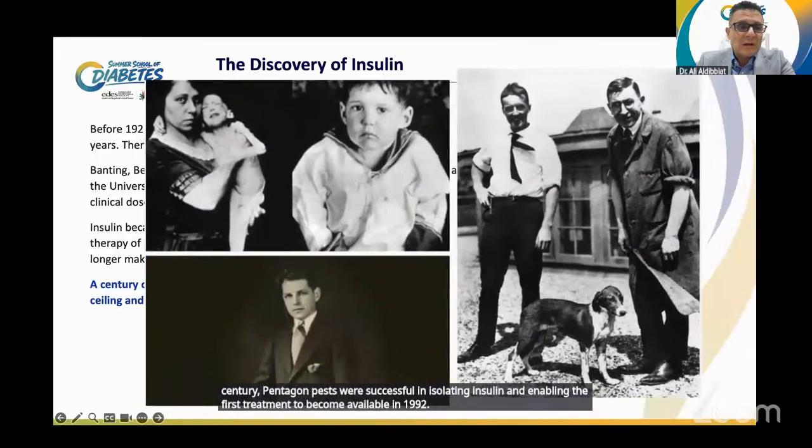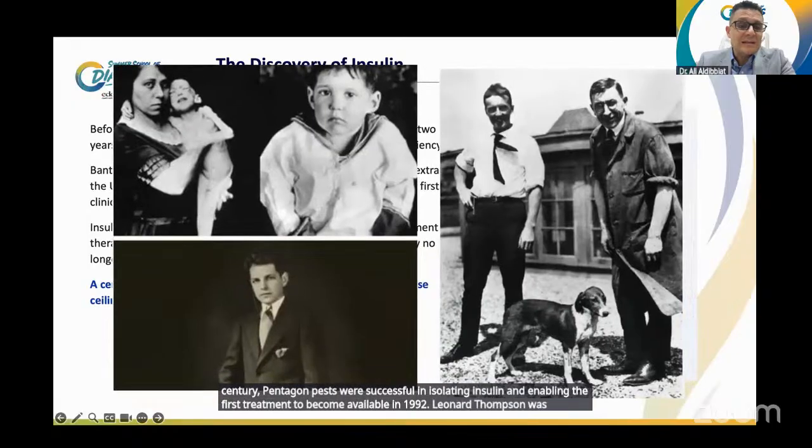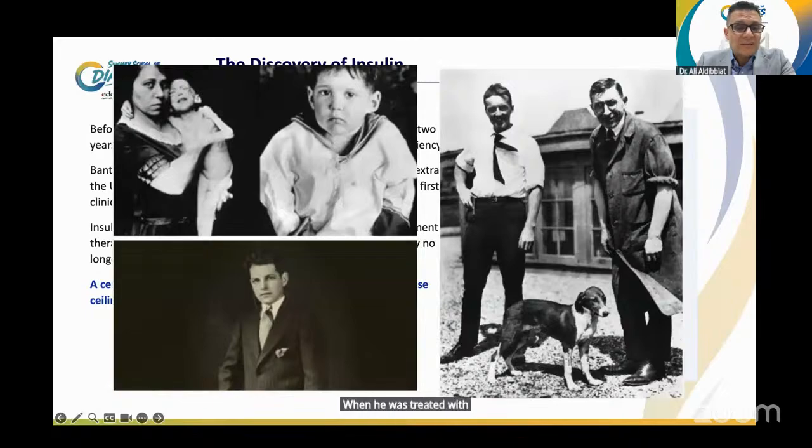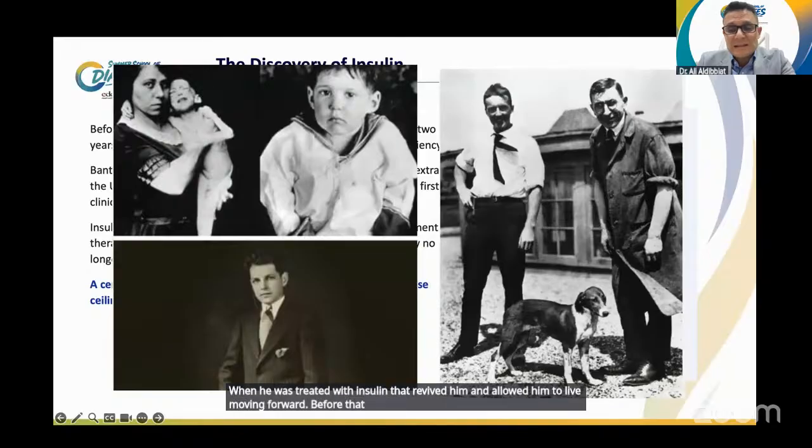Leonard Thompson was at his deathbed when he was treated with insulin that revived him and allowed him to live moving forward. Before that, it was a death sentence. And he became the first human out of many millions who have been saved by insulin later on.